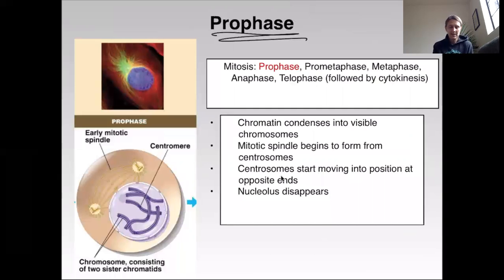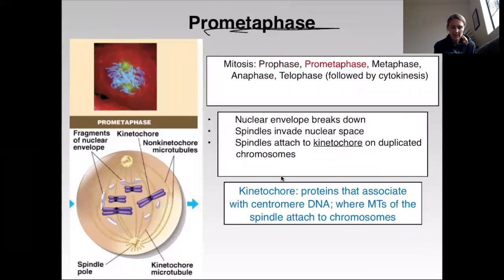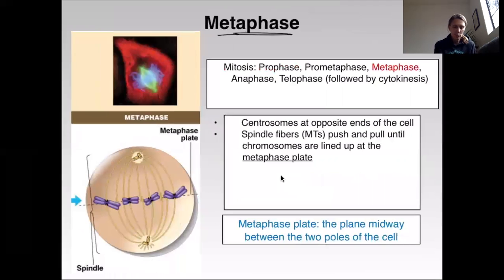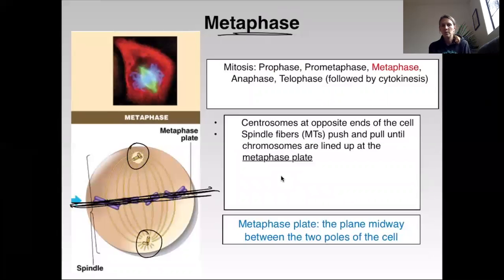Prophase is next. That's where you start to see chromosomes condense into these individual chromosomes that you can see. Prometaphase, we start to see the mitotic spindle, which are again microtubules growing out of our centrosomes on either side. Metaphase, we get chromosomes lining up at this metaphase plate with our centrosomes forming the mitotic spindle between.